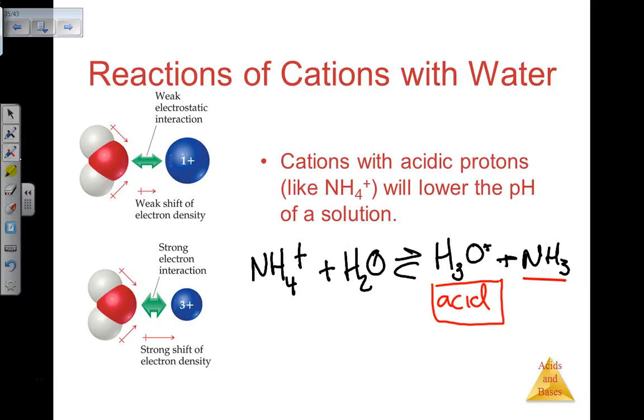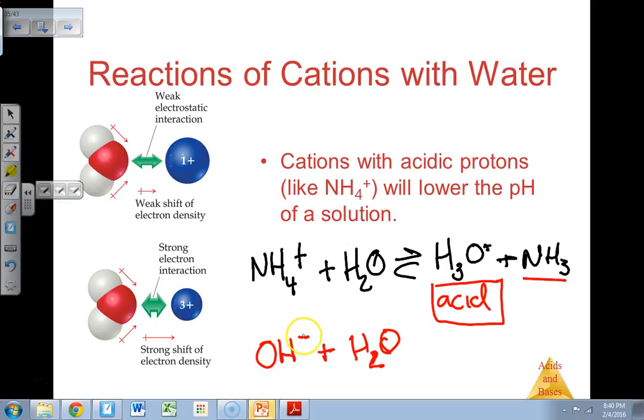And just like with acids, bases are the same way. Conjugates of strong bases do not change the pH. Okay, so real quick, this one's a little bit different because you have OH minus plus H2O. All the strong bases are completely dissociated, so I'll go one better here.